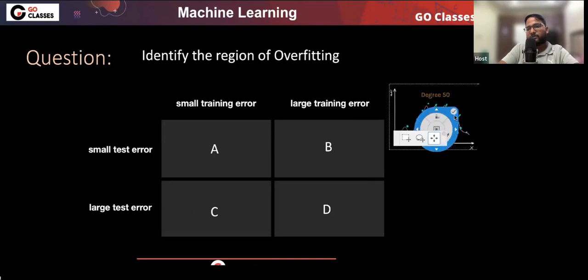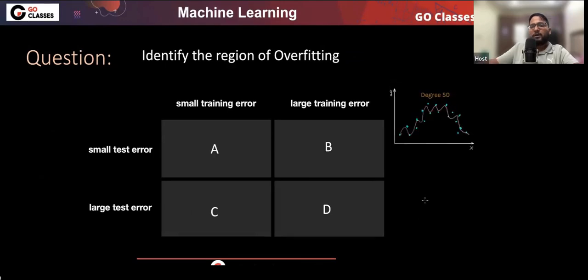Understood? So here, definitely the training loss will be lesser, and the test loss or test error will be more. Why? Because we have learned the noise. Learning noise means I'm not able to generalize.